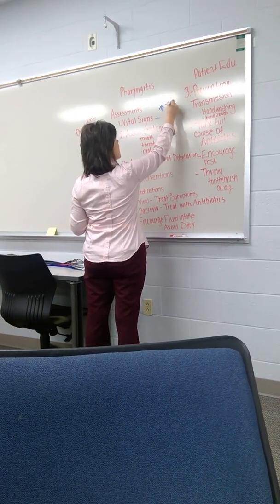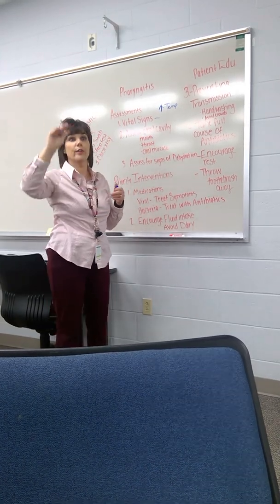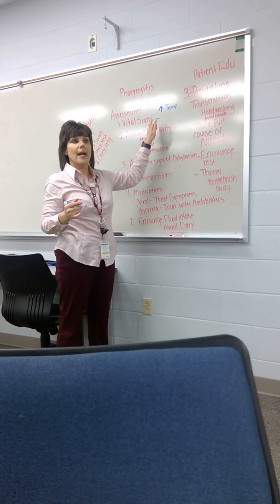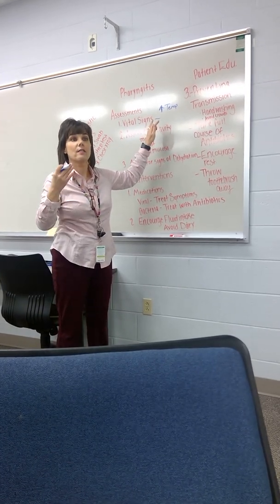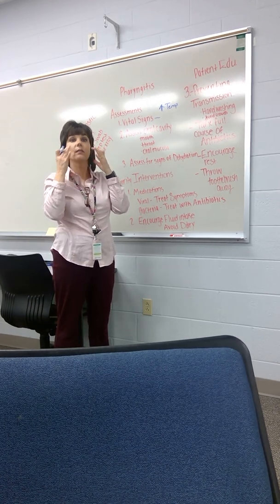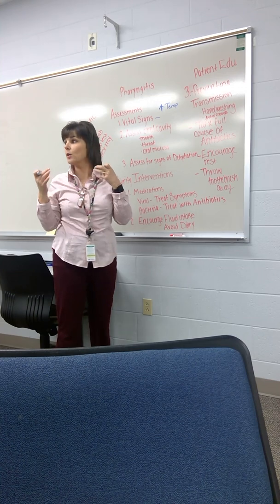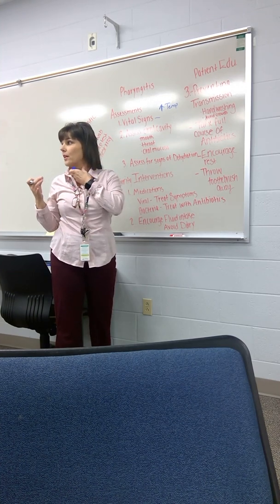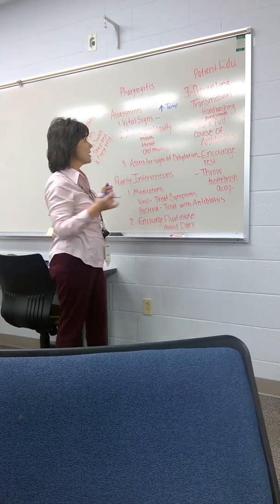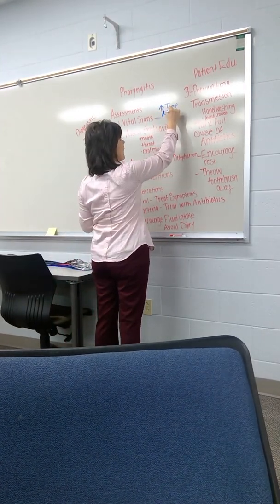Elevated temp, possibly. There again, remember over there, 100.3 or greater. So they may complain of difficulty in breathing because probably everything is going to be stopped up, especially if they've got pharyngitis. There may be some inflammation in there, and there may be inflammation in that nasal cavity and nasal sinus area. So they may have dyspnea or increased respiratory rate.